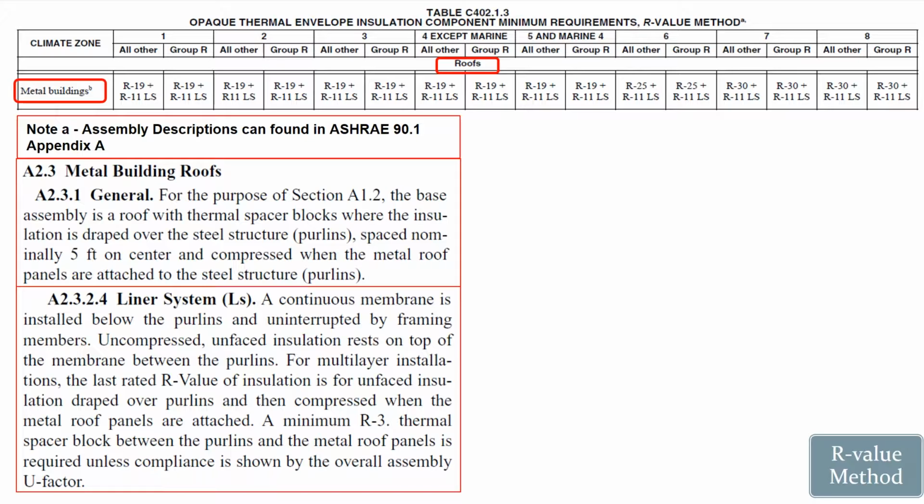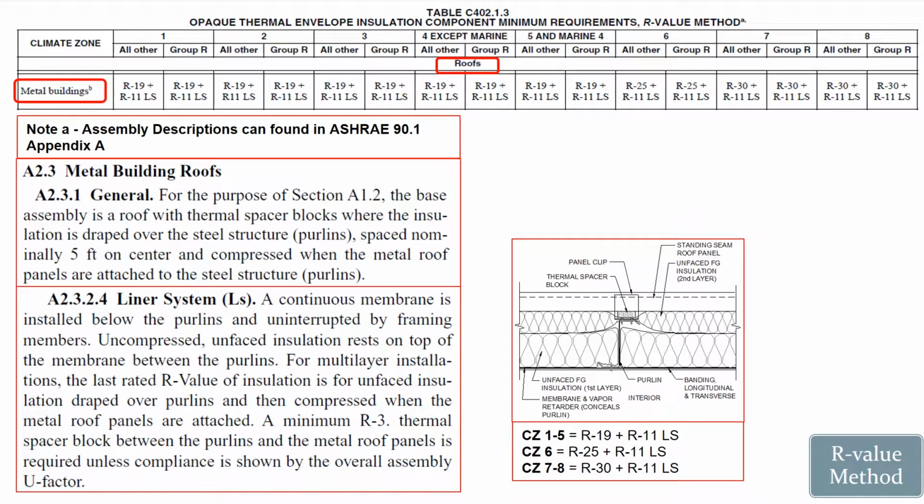And the liner system, LS, is defined as shown here. So basically you have 2 layers of insulation that fills the cavity and includes an R3 thermal spacer block between the purlin and the metal roof panel, unless you use the U-factor method, which we'll get into shortly. Without reading all the code text, a liner system basically has the R11, which would be the lesser of the 2 R values compressed.